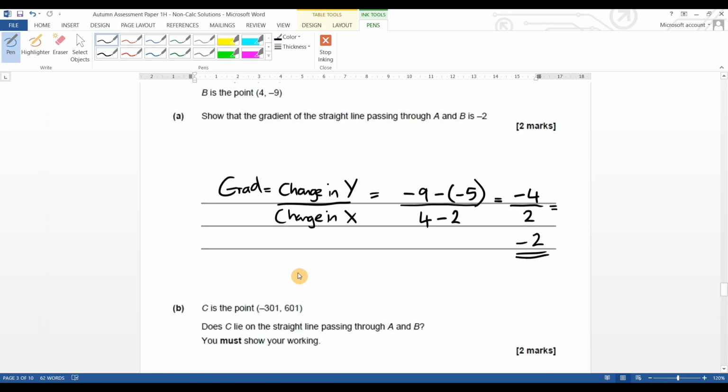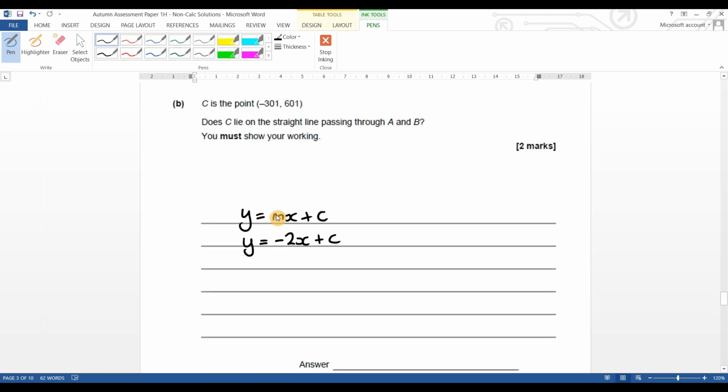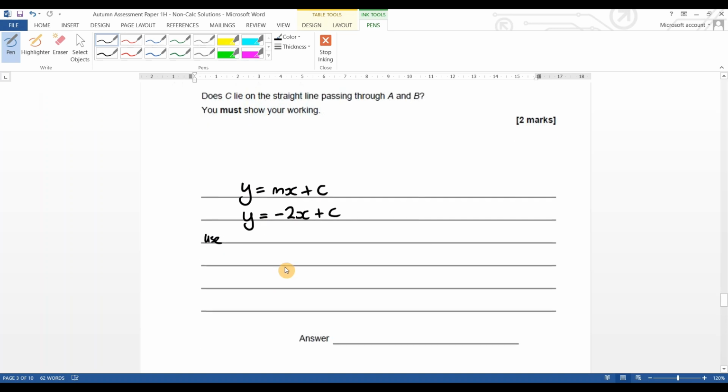Tell you what, let's use these points, definitely go through the lines. Let's use A as our reference. So we've got x equal to 2, y equal to minus 5. Let's use that first to work out c.